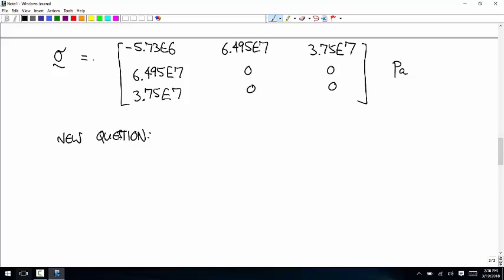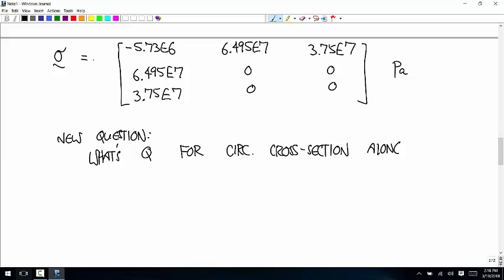So the new question is, what's Q for a circular cross-section along the neutral axis?